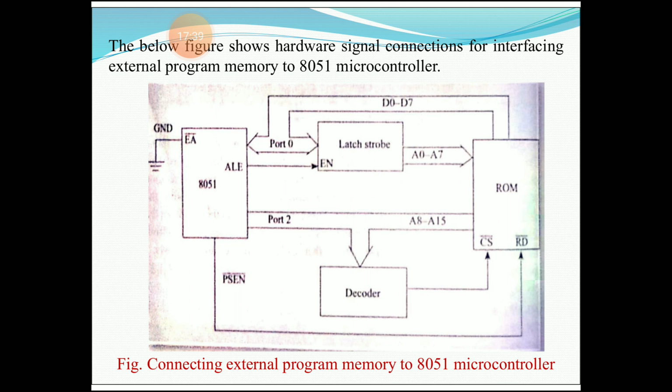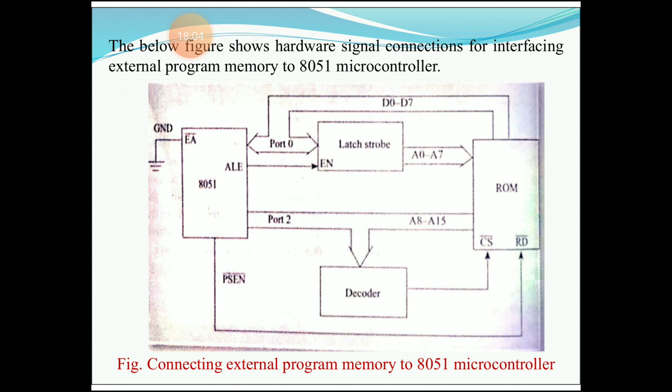These address lines are connected to the external program memory, and the data lines are also connected to the program memory, and a control signal, that is PSEN bar, is connected to enable the read operation of program memory, that is the RD signal. And some of the address lines are given to the decoder.